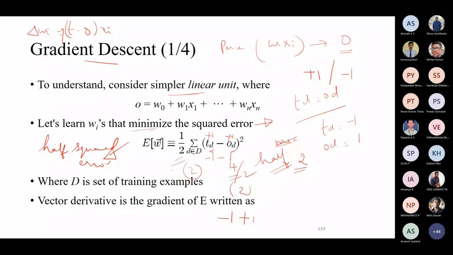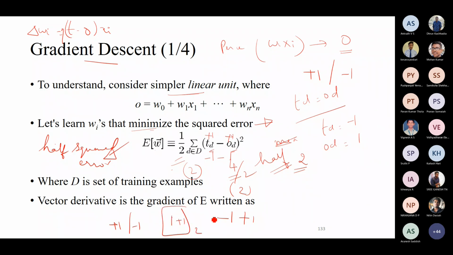Okay, sorry, there was a confusion. So this TD minus OD: supposing you have a squared value here because you do not want it to cancel out. Supposing a +1 is categorized as +1, then there is no problem. If a -1 is categorized as -1, there is no problem. Supposing a +1 is categorized as -1, then if you don't have the square, it will become 1 + 1, 2.